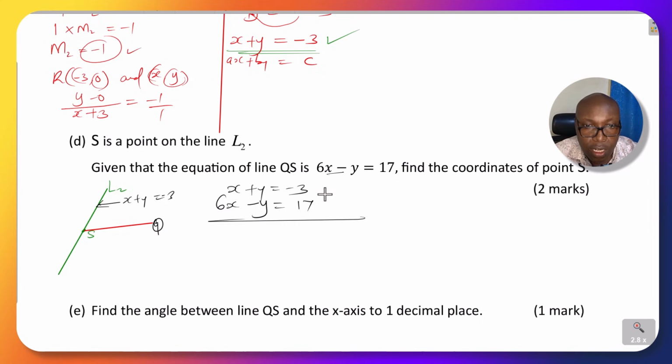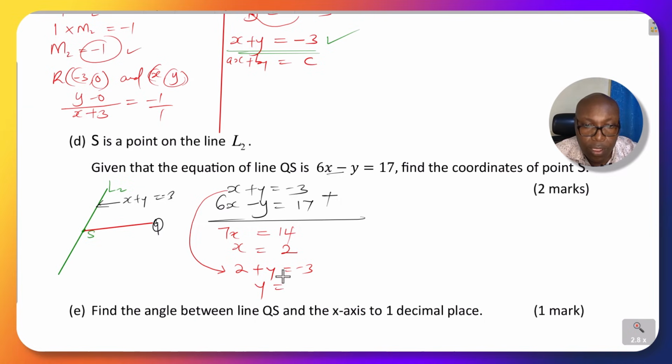I can use elimination here. Y and minus y, how do I eliminate y? By simply adding the two. So x plus 6x, that is 7x. Y plus -y, that one is eliminated. Then -3 plus 17, that will give 14. So x is therefore 2. Let me substitute x in this equation: x plus y is equal to -3. X is 2, so this will be 2 plus y is equal to -3.